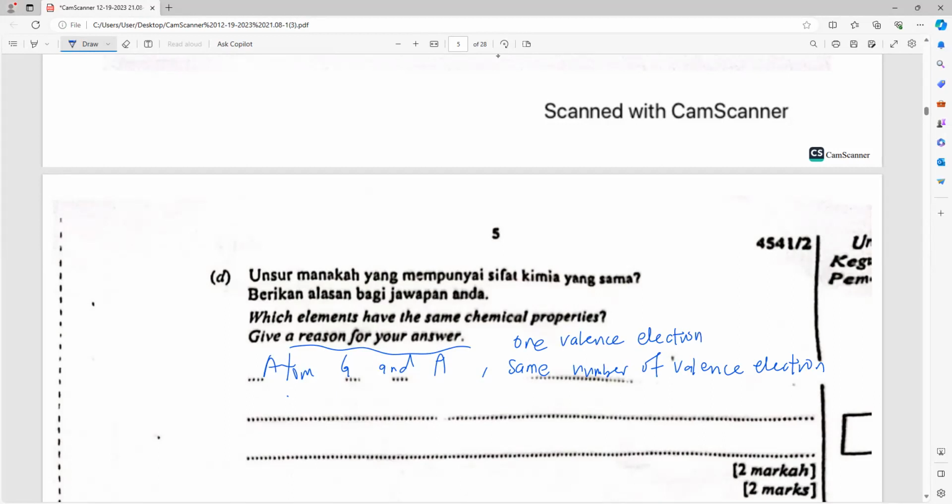Same valence electron and same number of valence electron are two different things. So make sure you answer it correctly.